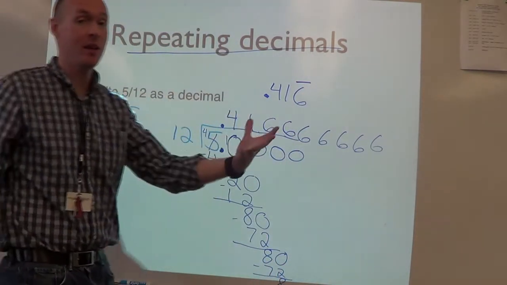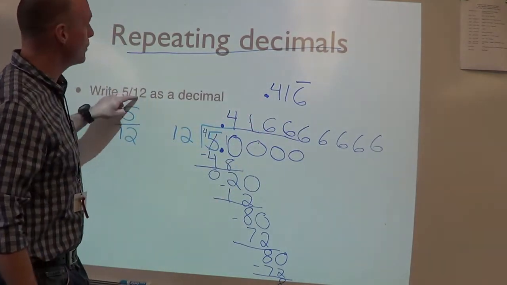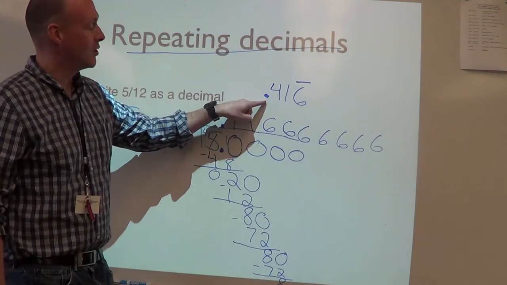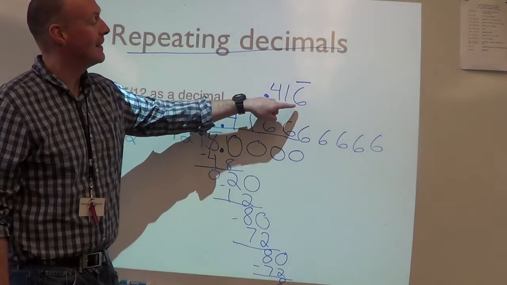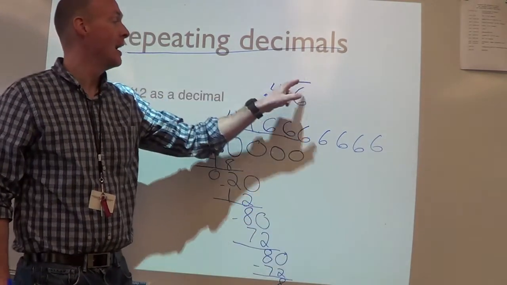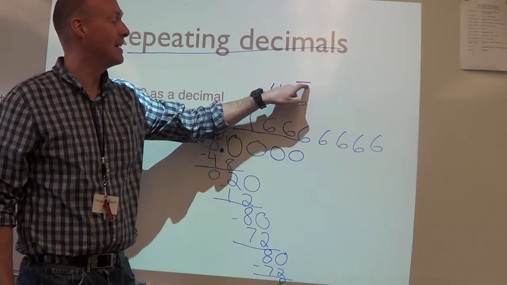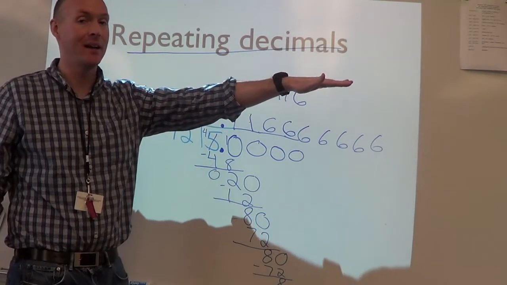What that tells the mathematicians out there is that 5/12 as a decimal is decimal point 416 repeating. Okay? How do I know it's repeating? Well, because I put that line above the 6, and that says that it repeats on and on and on.